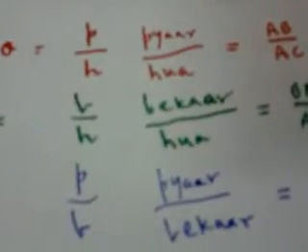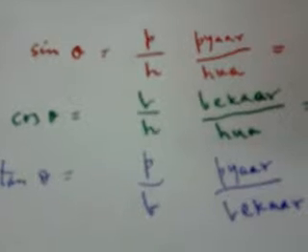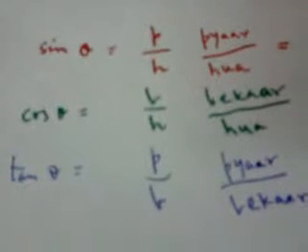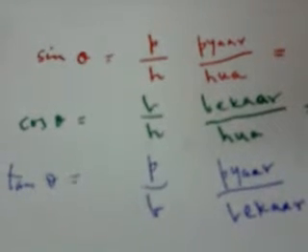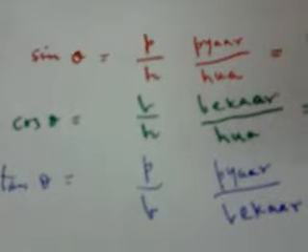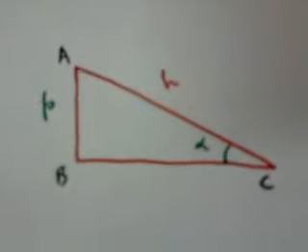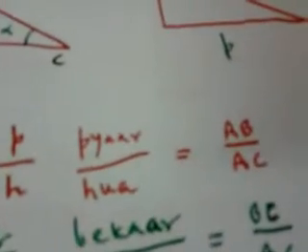I am sure there is a lot of controversy regarding this, but for your trigonometry purpose, we'll remember sin theta P by H pyar hua, cos theta B by H bekar hua, tan theta P by B pyar bekar. And we'll put it in practice in this first diagram where angle ACB is alpha. Sin theta is AB by AC, perpendicular by hypotenuse.